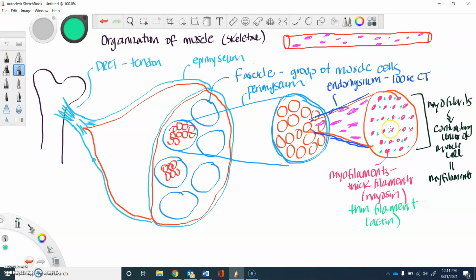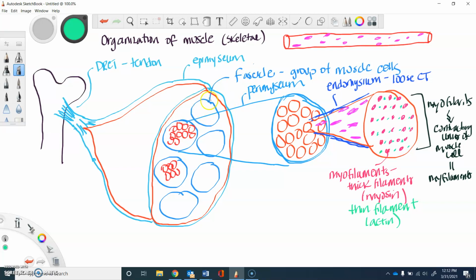So the muscle itself starts with the tendon here, which is attached to the bone. The tendon holds the muscle cells that create the muscle. So that's the red part here. That outer covering is the epimysium. The whole muscle is made up of fascicles, which are groups of muscle cells.